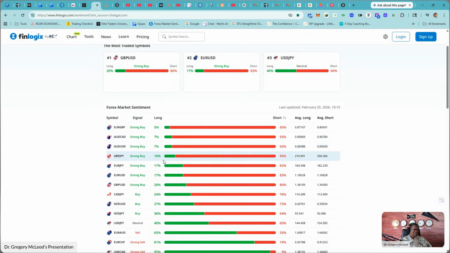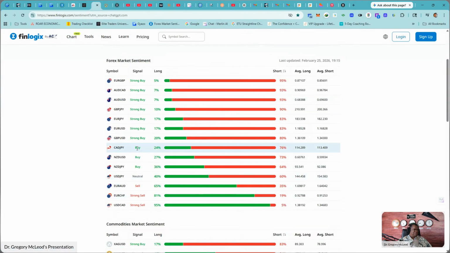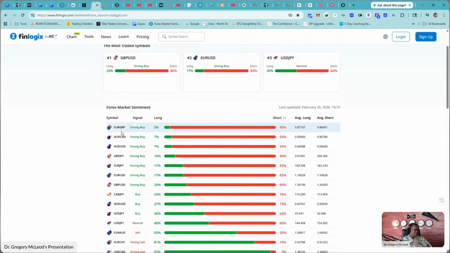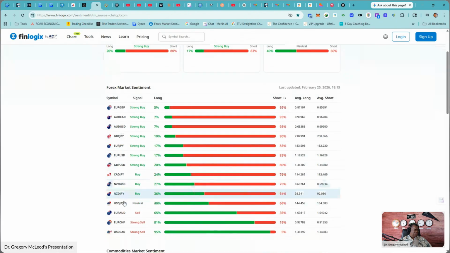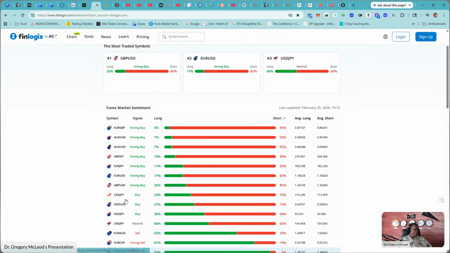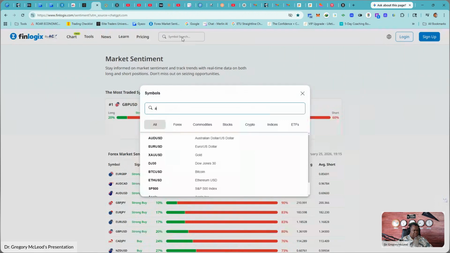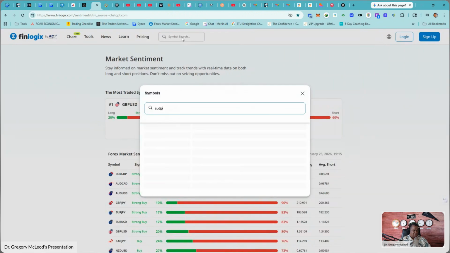Aussie, Aussie. Oh no, that's Aussie dollar. Aussie yen. I don't see it up here anymore. AUD JPY. Can I put it in there? It's probably up there.